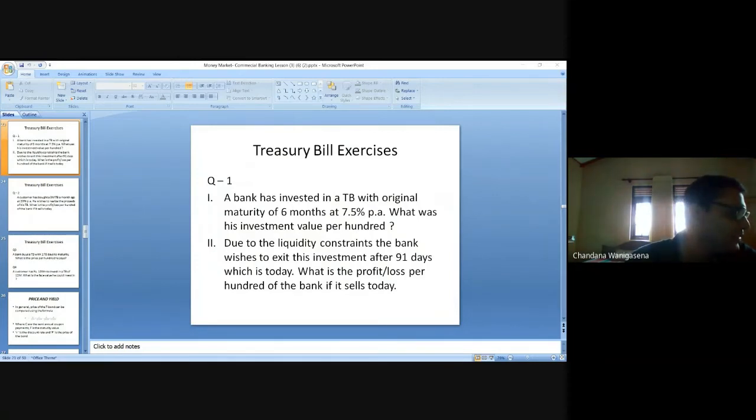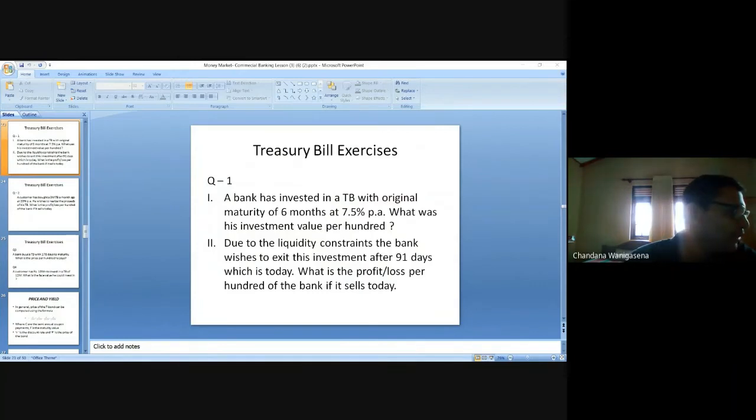So within brackets, 100 divided by within bracket 1 plus, what is the y now we are putting within bracket? You put the number 7.5, not the percentage. You shouldn't put the 100 here. You put 7.5, right?